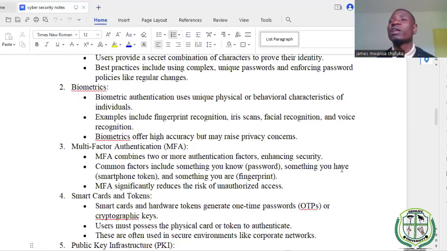And then again, if there is anything wrong with your iris, the system cannot open. Again, the other point is that if there's any problem with your facial recognition, the system cannot open.